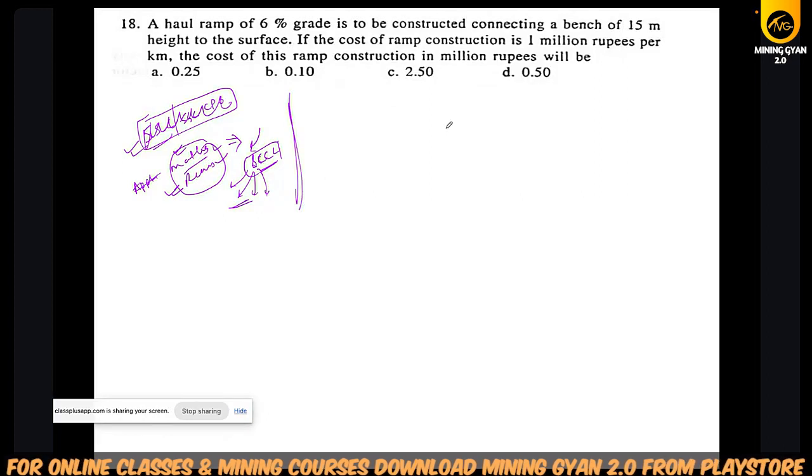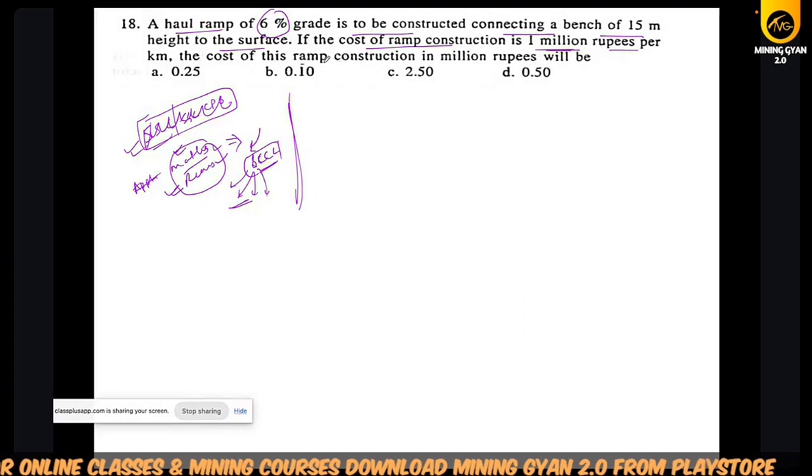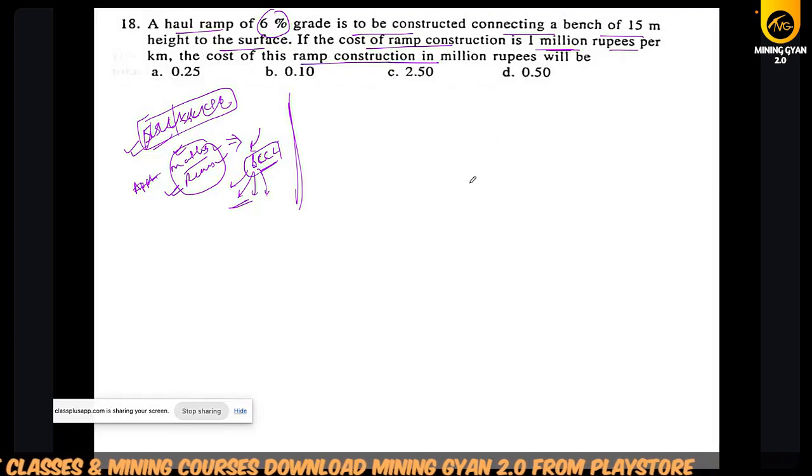So in this question it says that we have to prepare the whole ramp. A 6% grade is to be constructed connecting to a bench of 50 meters to the surface. If the cost of the ramp construction is 1 million rupees per kilometer, find the cost of the ramp construction. So we have to find out the cost of construction of the whole road.